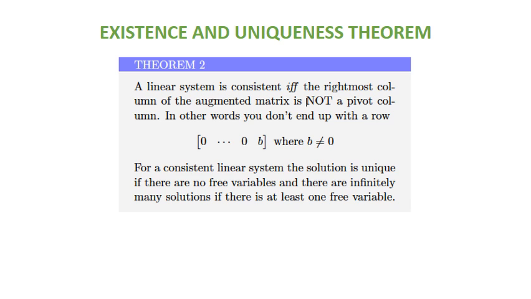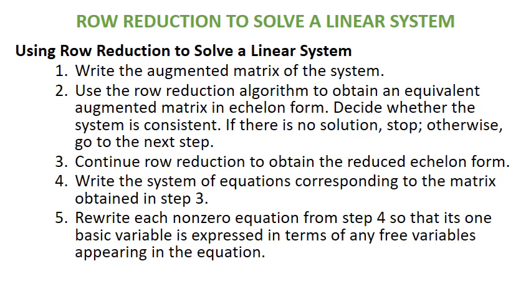Here is Theorem 2, which is stated here. You can take a moment and read through this. This basically shows you the steps of using row echelon form to solve.